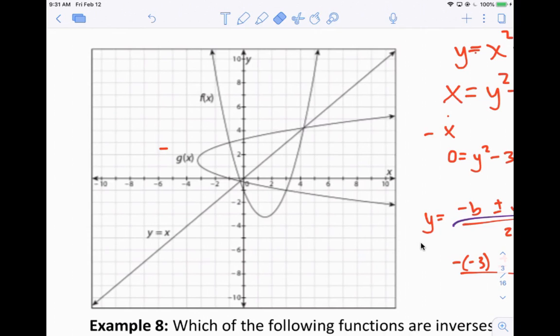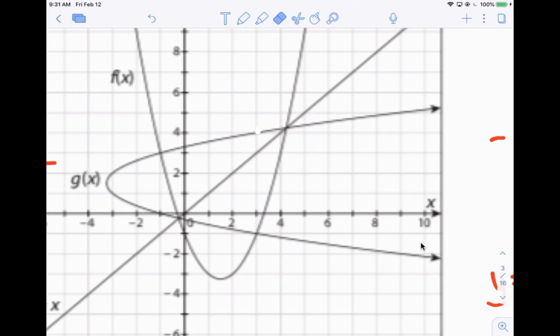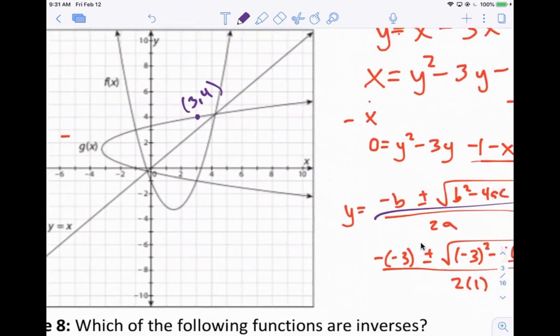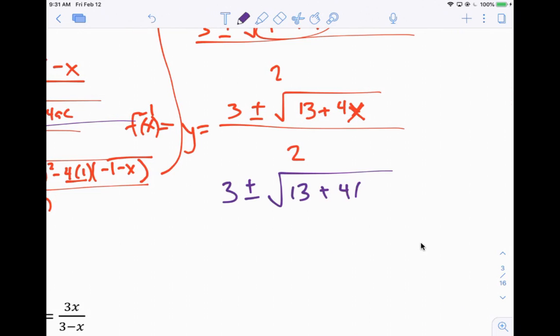Let's pick, let's see, g of x, we've got 3, 4. Let's pick that one. So if we plug in 3, we should get 4. Let's go down here and plug in 3 to our x value over 2.